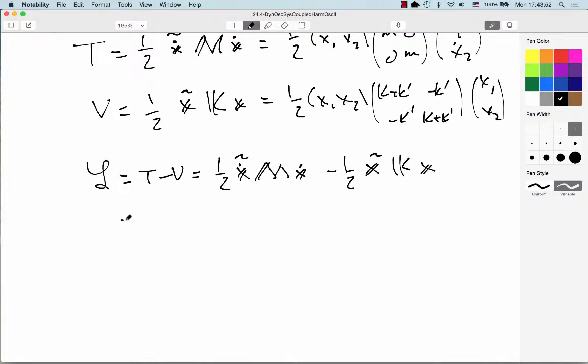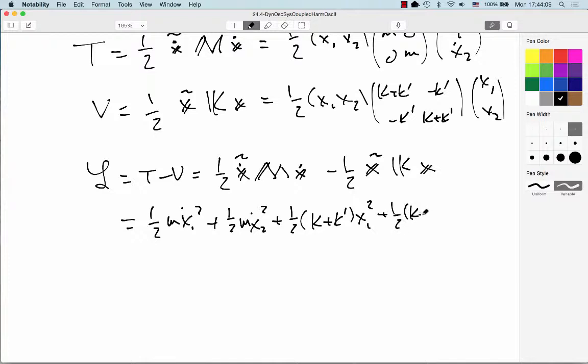And just for completeness' sake, we'll note that that still works out to be 1/2 m x1 dot squared plus 1/2 m x2 dot squared plus 1/2 (k plus k prime) x1 squared plus 1/2 (k plus k prime) x2 squared minus k prime x1 x2. So it all checks out.